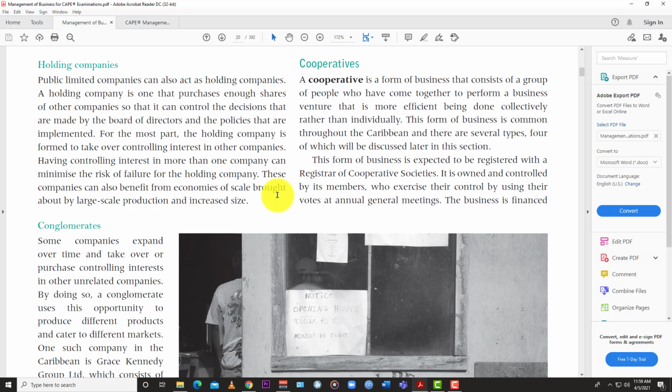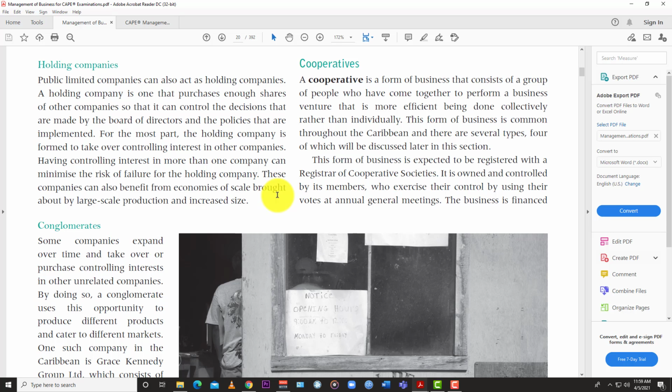Unlike some of the other private entities, this one is owned and controlled by its members. Remember, some public companies, you can go out and buy shares if you want. You don't even have to be a part of the family or anything like that. That's more for the private. But for the cooperative, it's owned and run by the members.